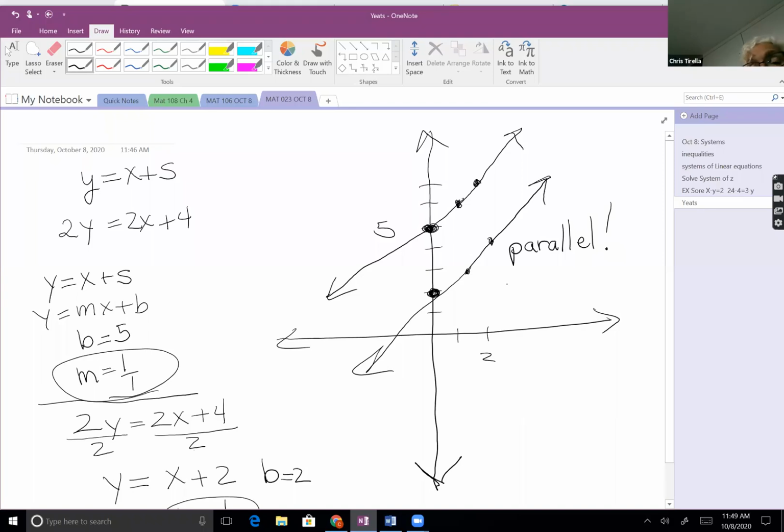They never cross. If they never cross, I'll never get a solution. And so this system has no solution.